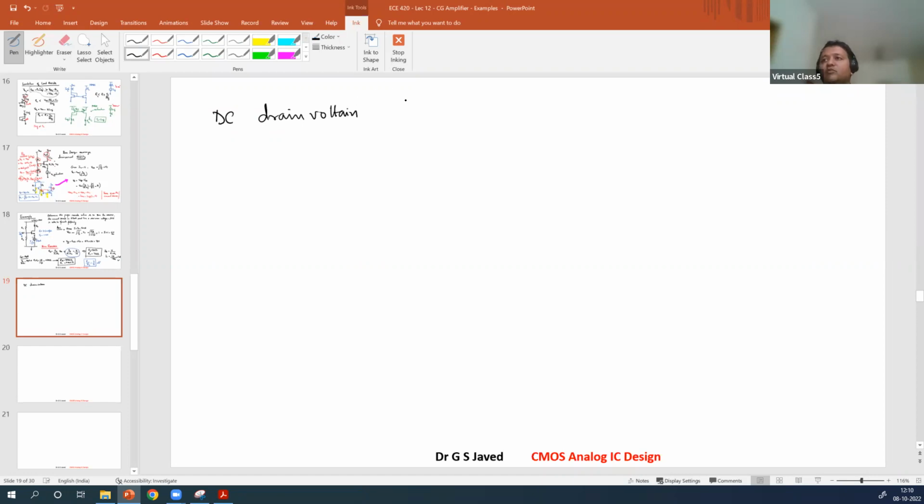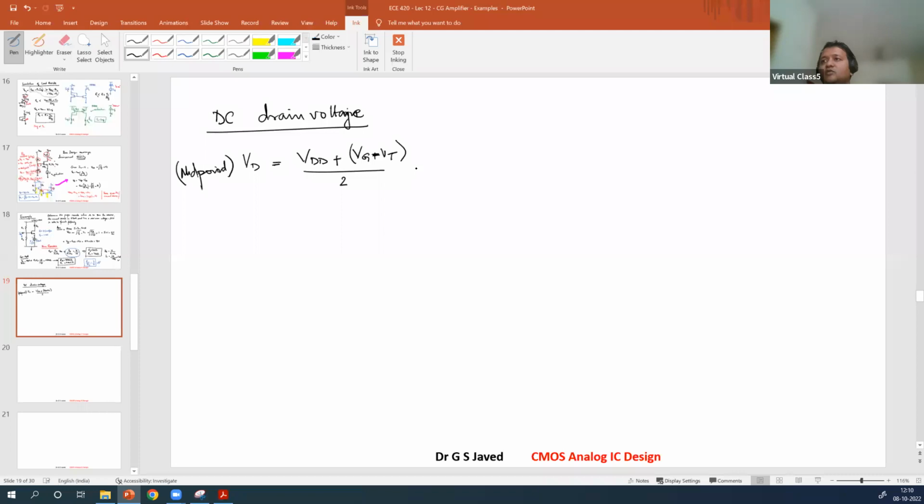So the DC drain voltage, we have found that VD should be VDD plus VG minus VT, or the overdrive voltage, over 2. Then we said midpoint, right? We will choose the midpoint value for VD. So this midpoint value you will give here: VDD plus VG minus VT.